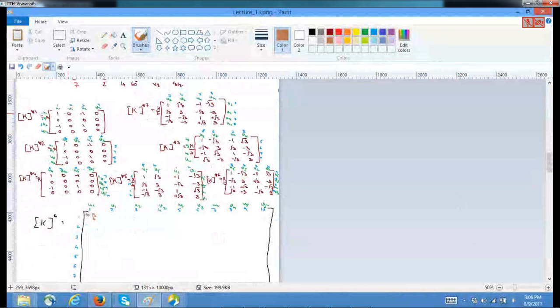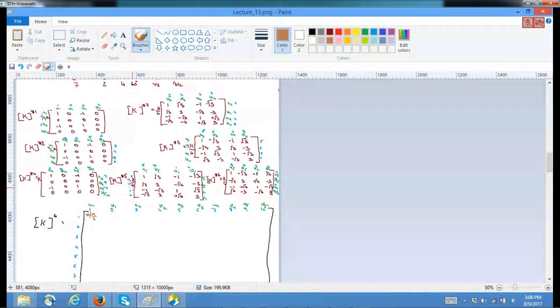This u1 should have been written as plus, because u1 and u1 is the positive one. So it is 1 into k by 4, it is k by 4.